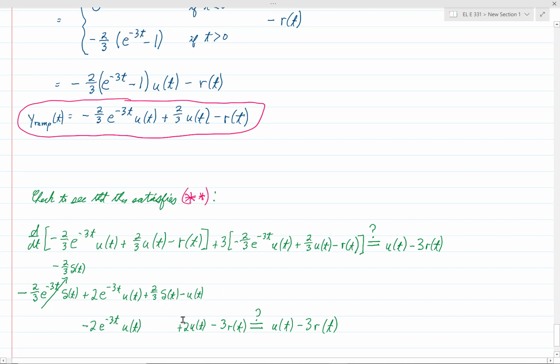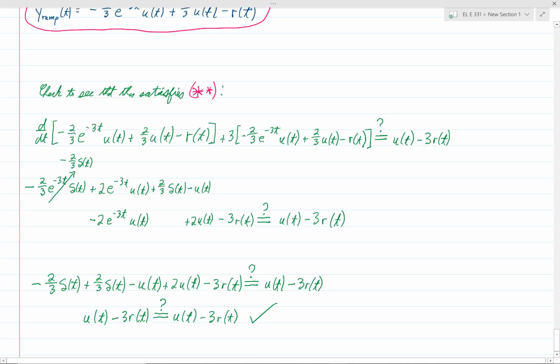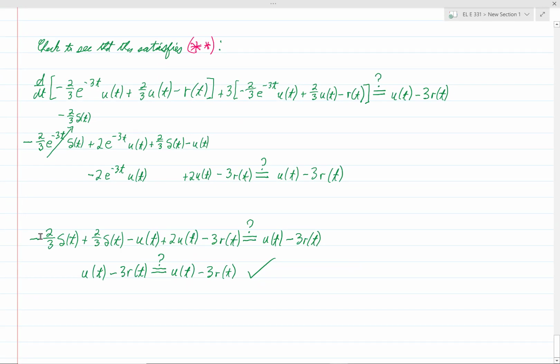If we get down to this point right here, notice that we have a minus 2/3 delta of t there and a plus 2/3 delta of t there. So, here I've brought it down. Minus 2/3 delta of t is from there. That comes there. The 2e to the minus 3t u of t cancels with the minus 2e to the minus 3t u of t, so we don't have to worry about that.